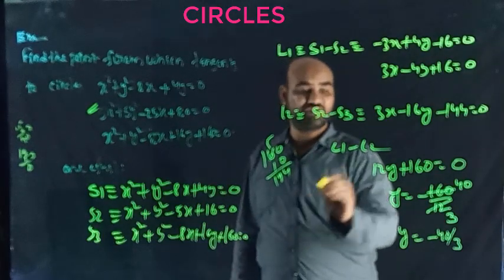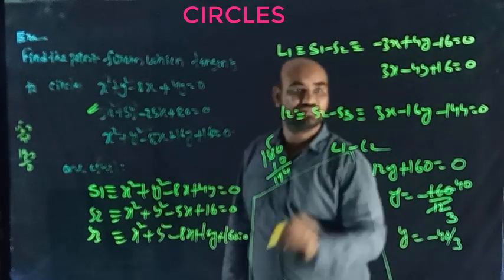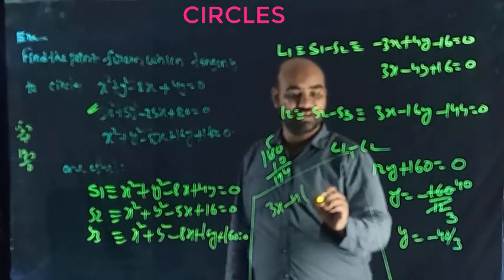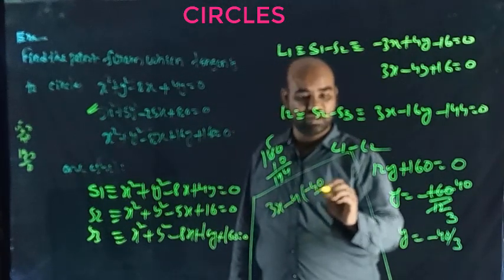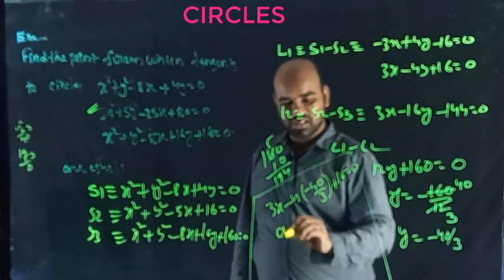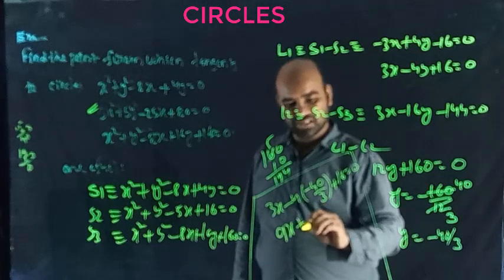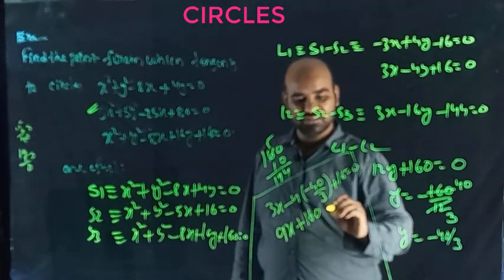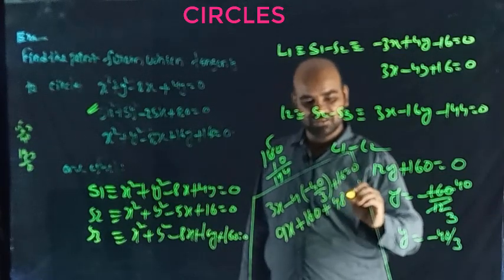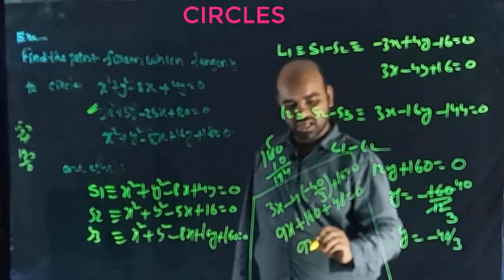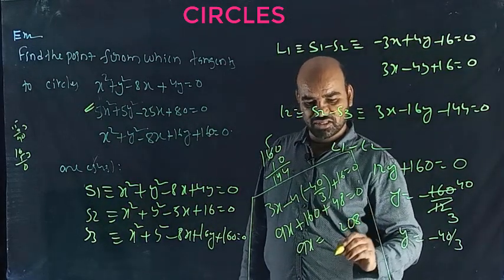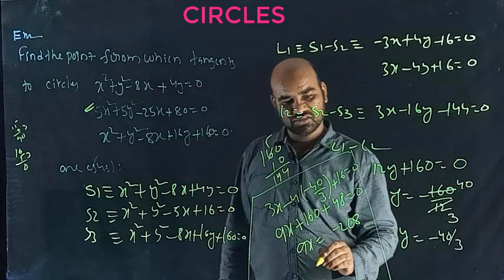Using 3x minus 4 into y, which is minus 40 by 3, plus 16 equal to 0, we get 9x plus 160 plus 48 equal to 0, or 9x equals minus 208.